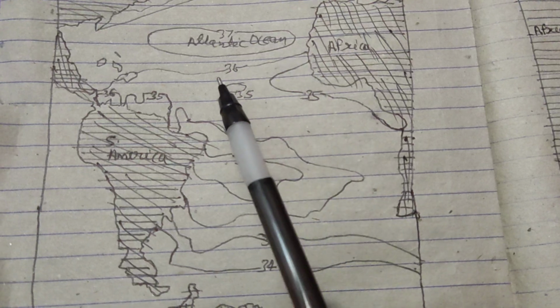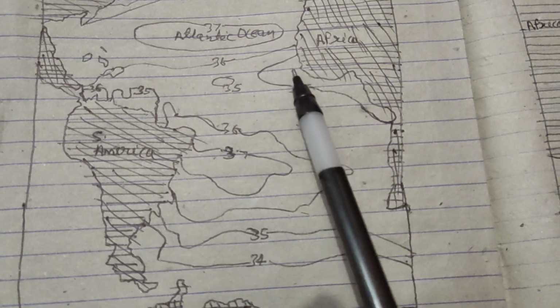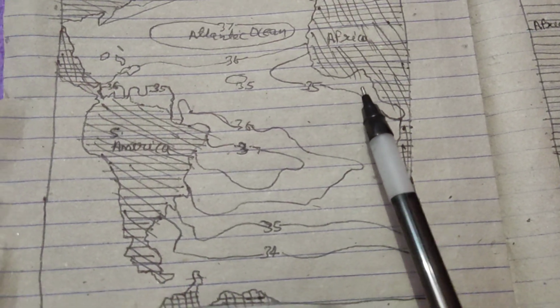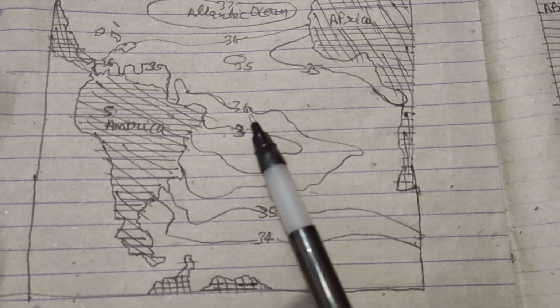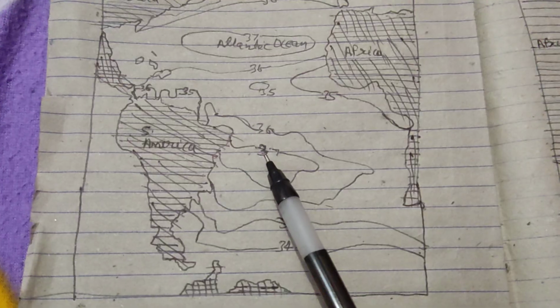This is the 36 gram, this is the 35 gram line, you can see 35 gram here, and at the coast of Africa, Guinea Bay, this is the 36, this is the 37. Why is it 37?